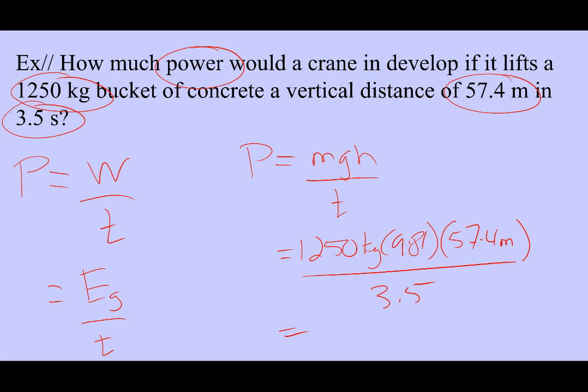Divided by 3.5 gives me about 20,000 watts. I guess the 3.5 seconds means I got to go to 2.0 times 10 to the power of 5 watts. My calculator gave me 201105 if you're trying to see if you got it right on your calculator.